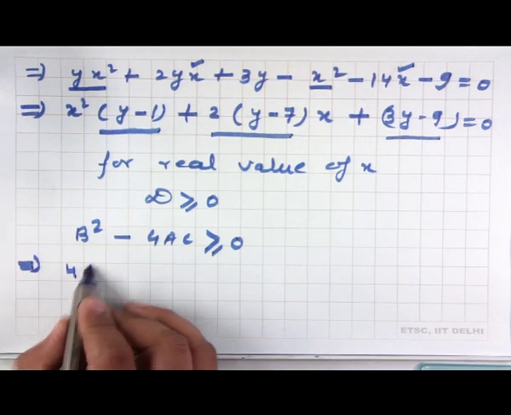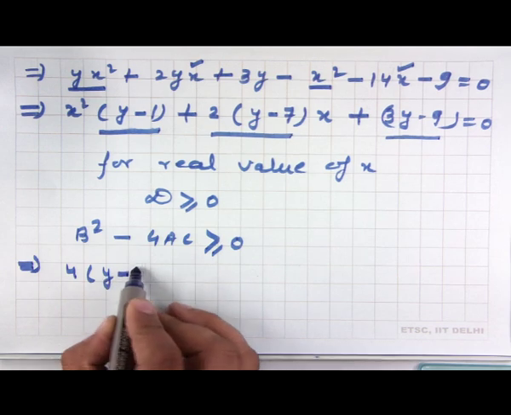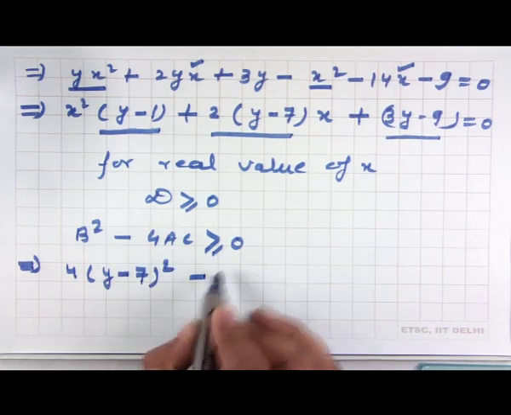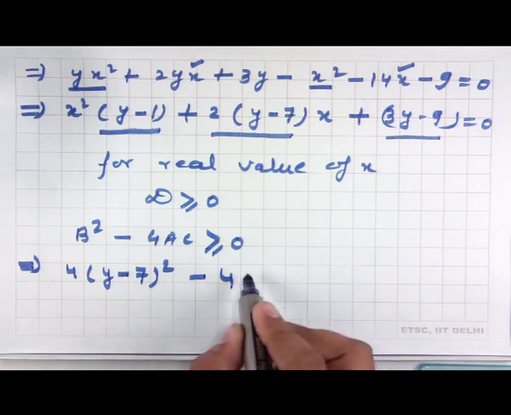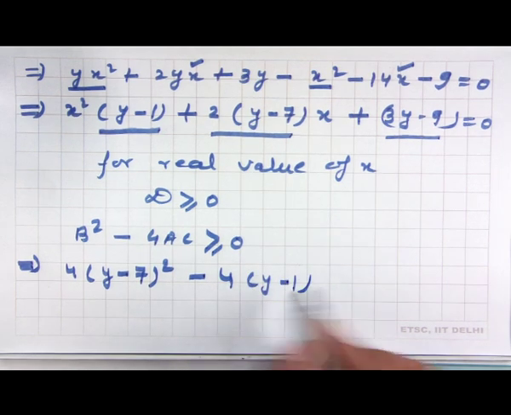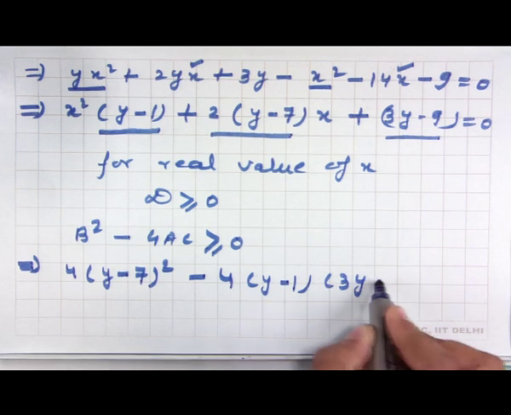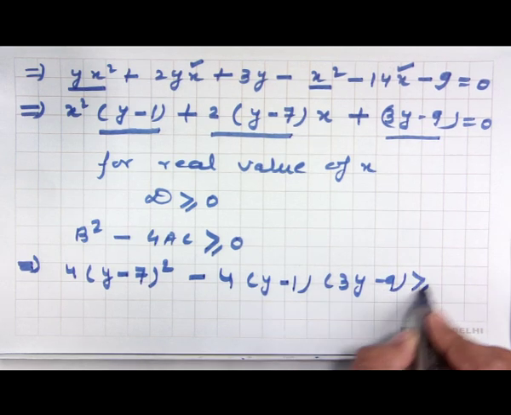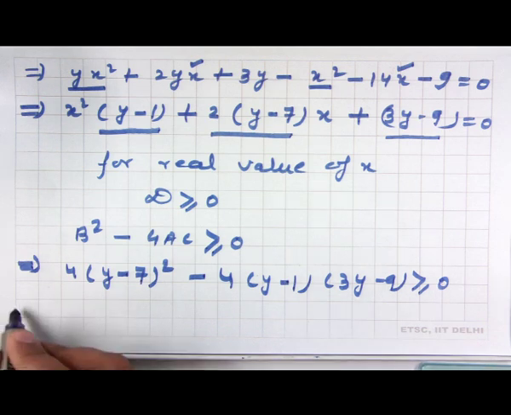4 (y - 7)^2 - 4y - 1 and 3y - 9 is greater than or equal to 0.